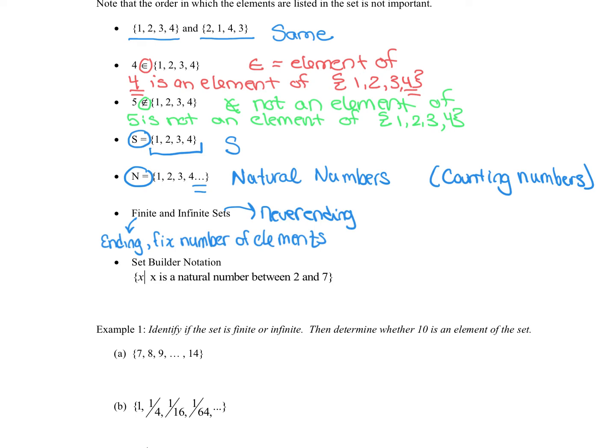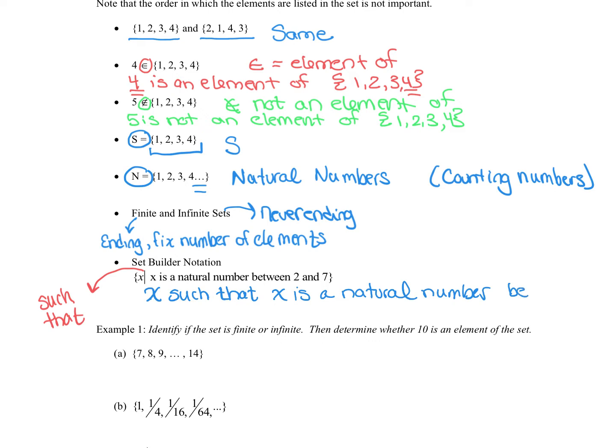Then we have the special notation, which is called set builder notation. The first thing I want to point out is that this little bar right here stands for such that. So if we read this, the set builder says x such that x is a natural number between 2 and 7.